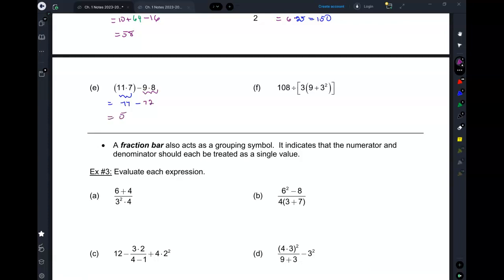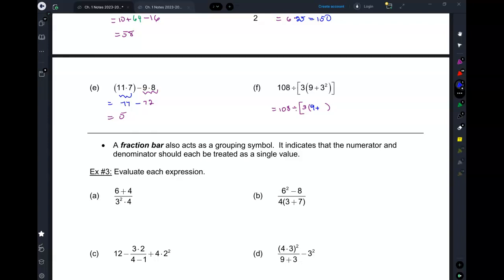Okay. So here, let's start with parentheses, right? So 108 divided by. Okay, now I have brackets. Inside I have parentheses. You go to the innermost level. So 3 times. Now here, it's going to be 9 plus, I got to do that 27. I'm sorry, I got to do the exponent first.